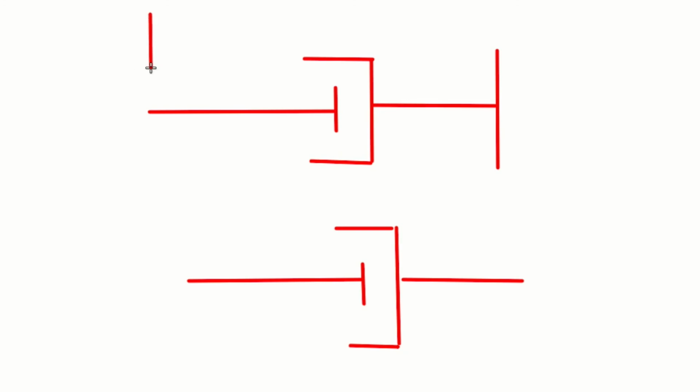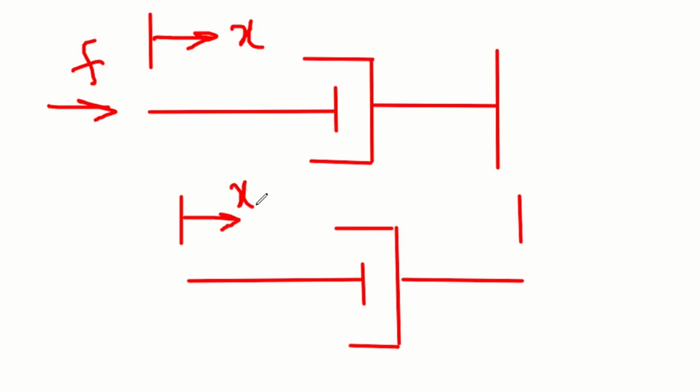So this is a dashpot with one end fixed to the reference when you apply a force, and this shows a dashpot with displacement at both ends. This is x1, this is x2 when you apply a force.